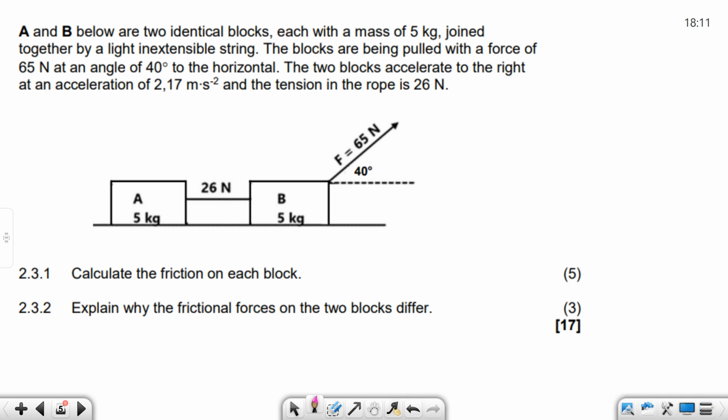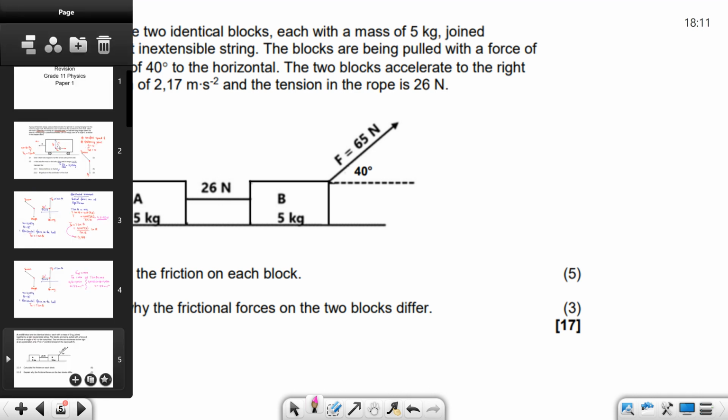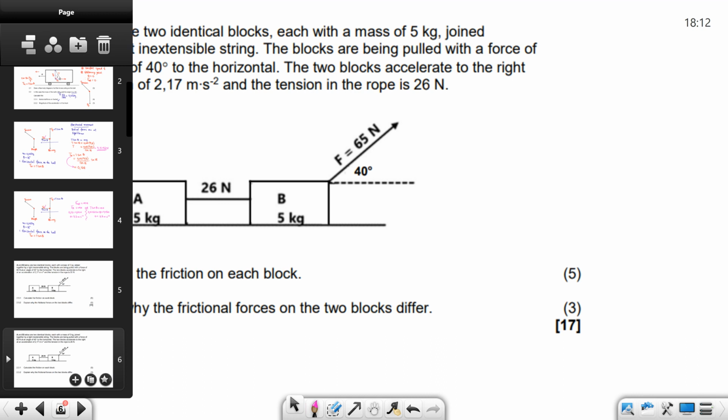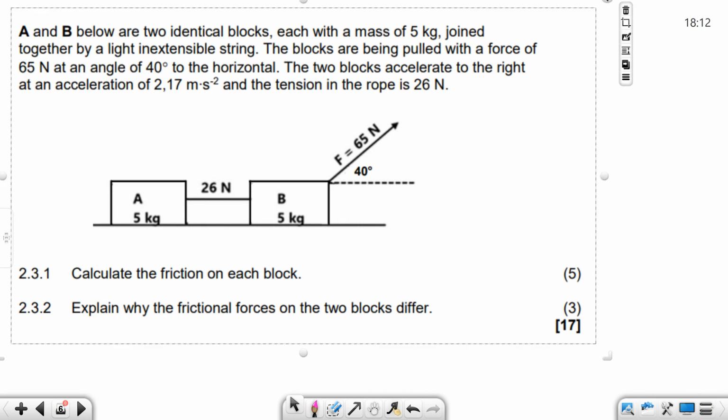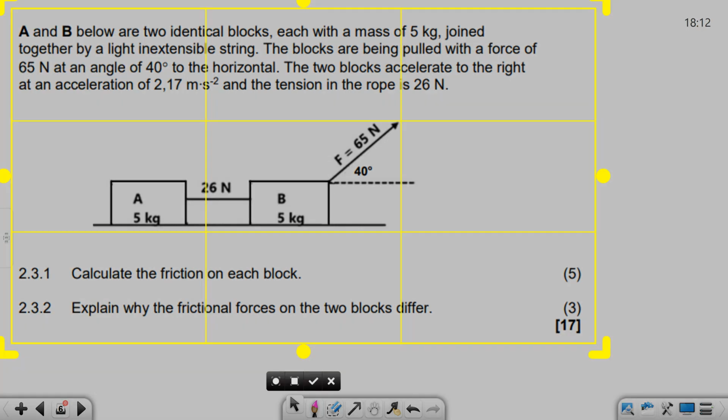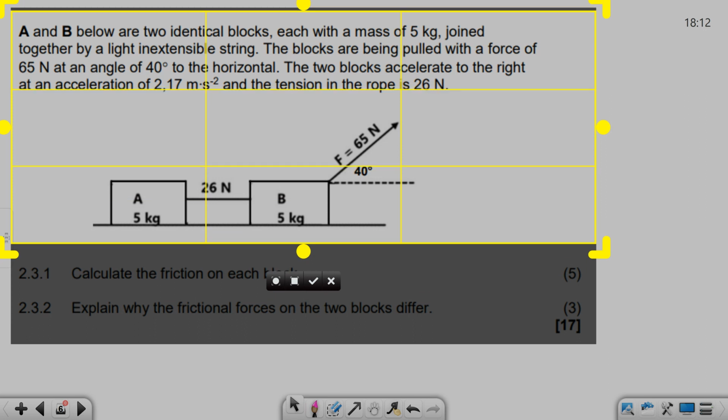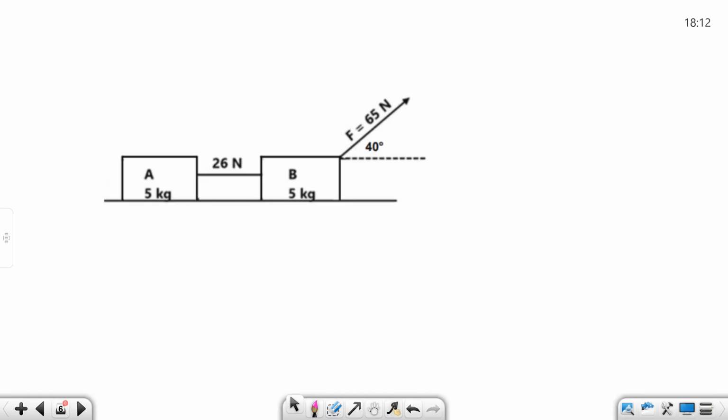Now, you cannot calculate effectively without drawing what? A free body diagram. So let's quickly do a free body diagram on A. Let me do this so that we get a very good picture. There we go.